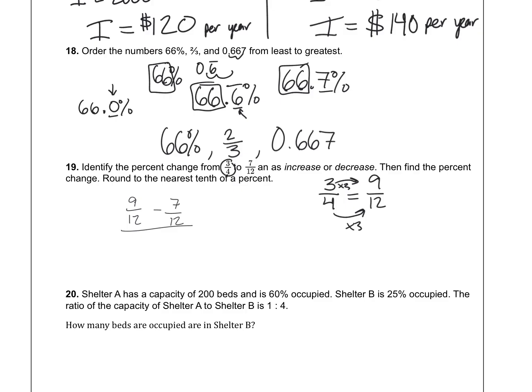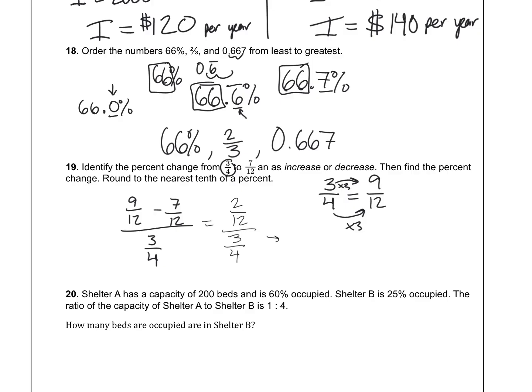My original was 3/4, and technically I can leave that down there. If you wanted to use this as 9/12, that's perfectly fine as well. 9/12 minus 7/12 is 2/12 divided by 3/4.